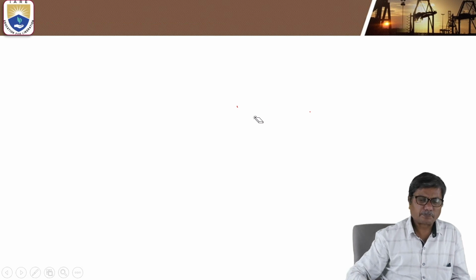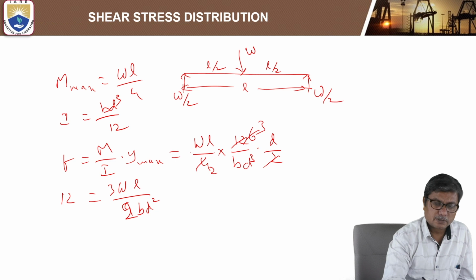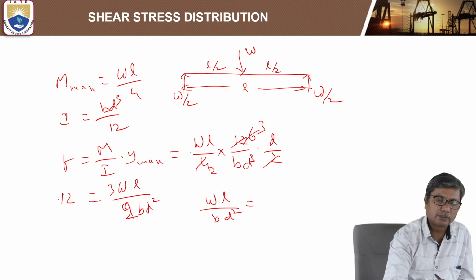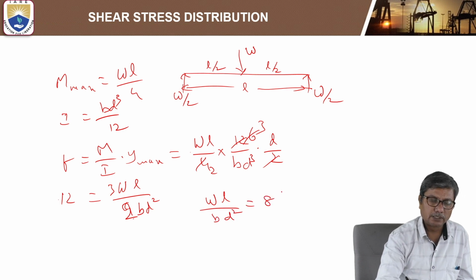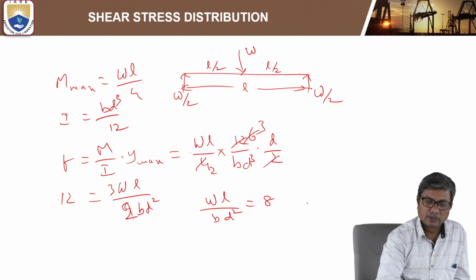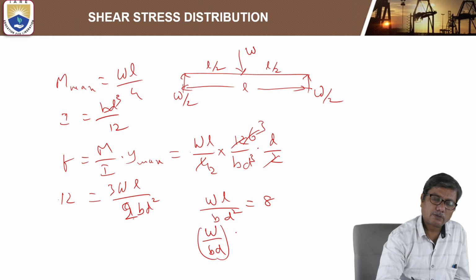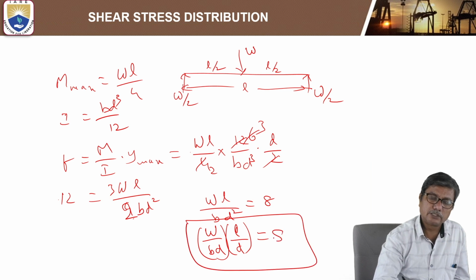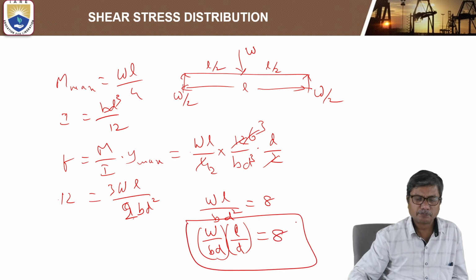Now, from this, you will have WL by BD square is 8. We can write this as W by BD into L by D is equal to 8.